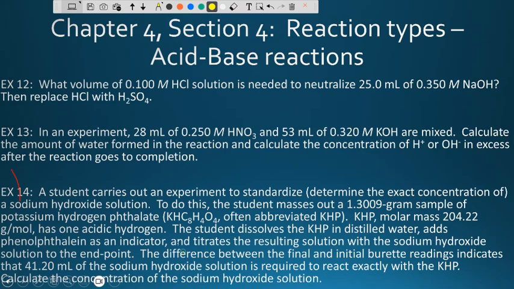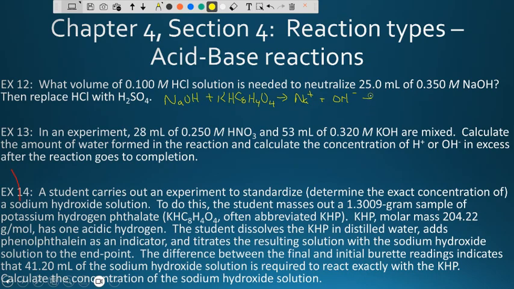Okay, so in all of this reading, what we're describing is that I have sodium hydroxide plus my KHP, KHC8H4O4, and that's going to break down into sodium ion plus hydroxide ion.